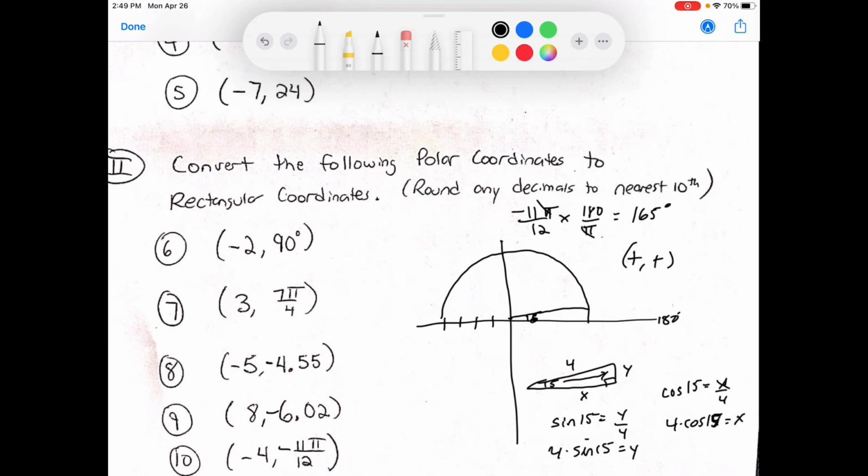Okay, so in the calculator, let's figure that out. 4 times cosine 15 gives me 3.86, so 3.9 is my x, and 4 times sine 15 is 1.03, so we'll just say 1, or 1.0.